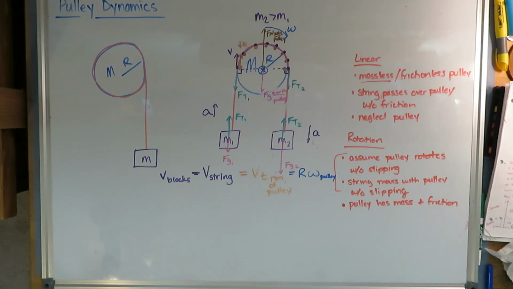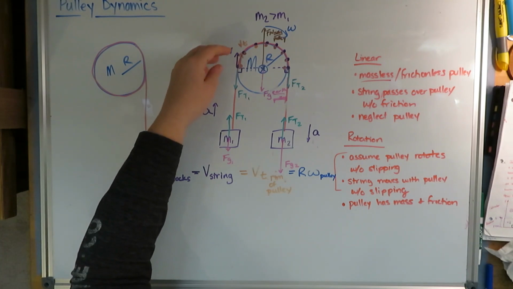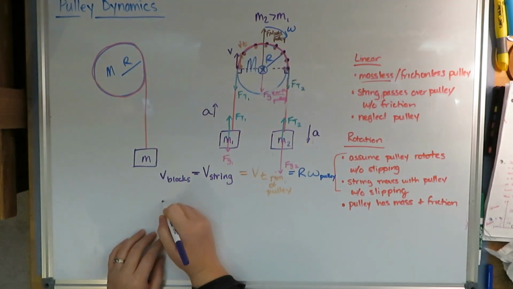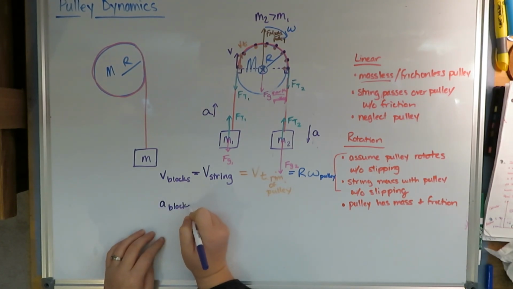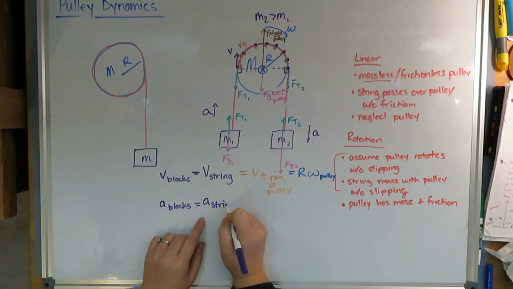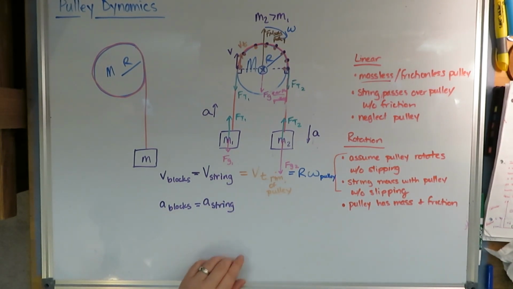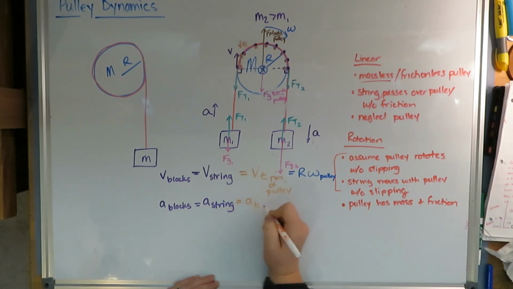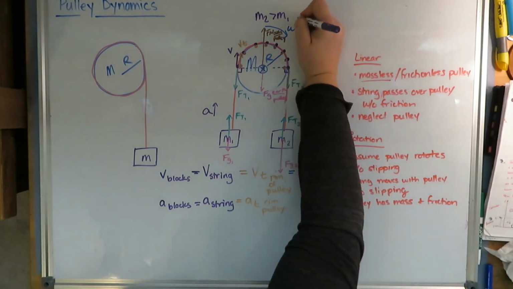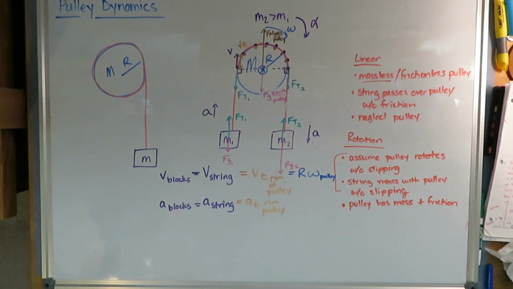Well, if the pulley itself is rotating, and a is going to be the same for each of the blocks in magnitude, and that's going to equal the string, so we assume that the whole thing moves together as a system, then that means there's going to be a tangential acceleration for the rim of the pulley, because they're going to move together, which means there must be an angular acceleration for the pulley.